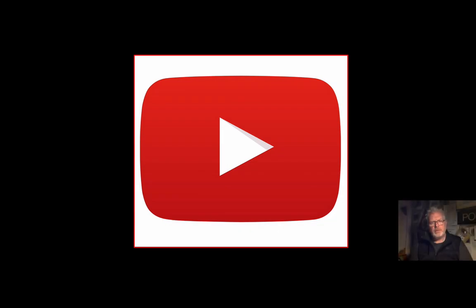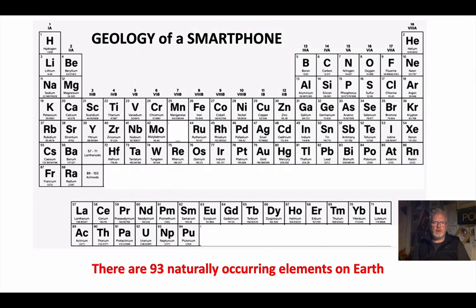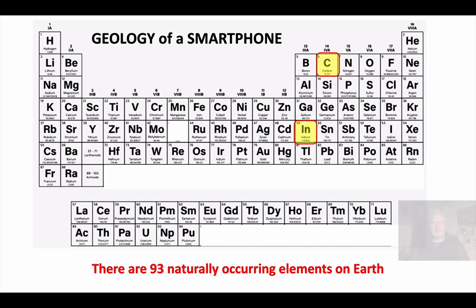Okay, let's see what we've got. This is our periodic table. We've already deleted off the non-natural elements, and we're left with our 93. If we highlight the ones that we can find in a smartphone, we should see something like this.